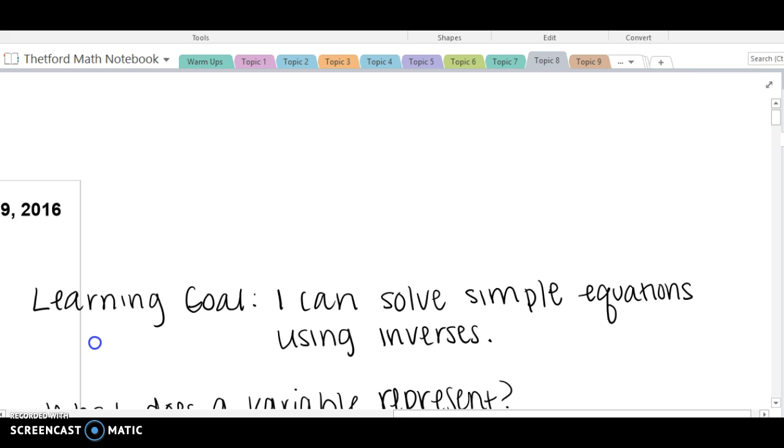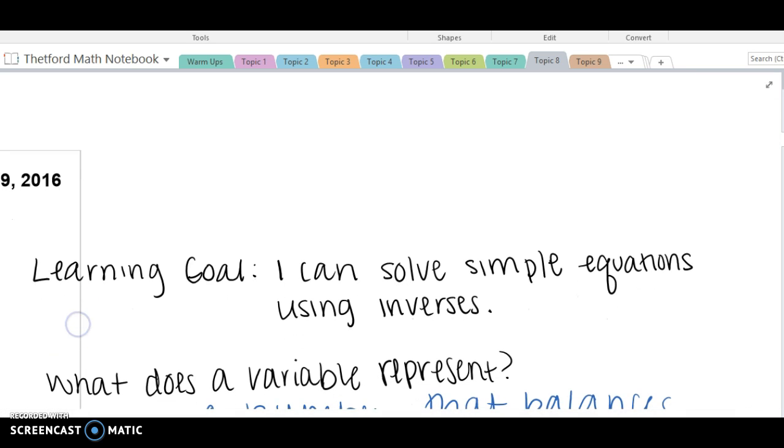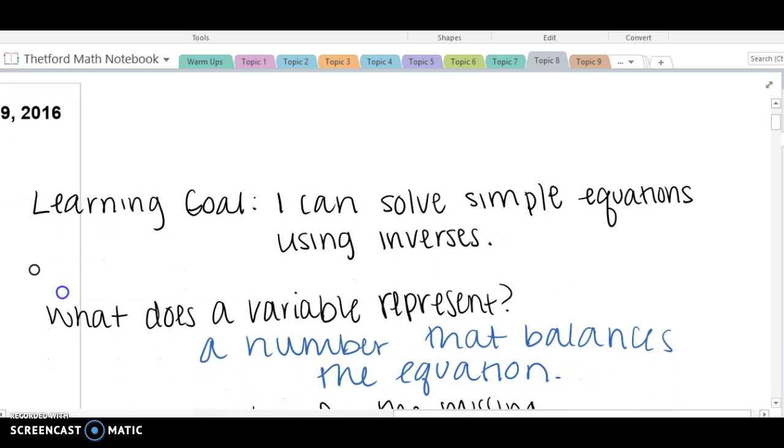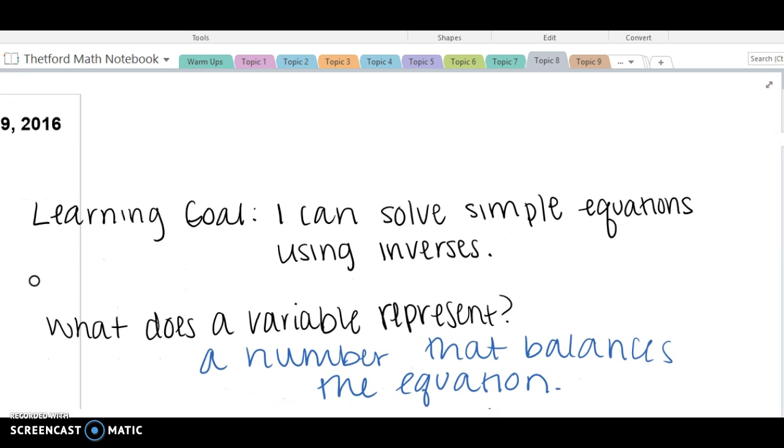Underneath your learning goal on your Cornell notes, there's a question that says, what does the variable represent? The variable represents a number that balances the equation. Today you're going to really understand what that means once we dive into the examples.